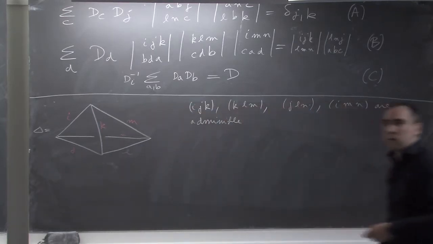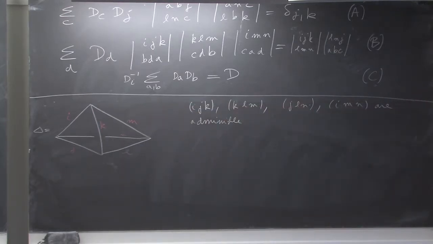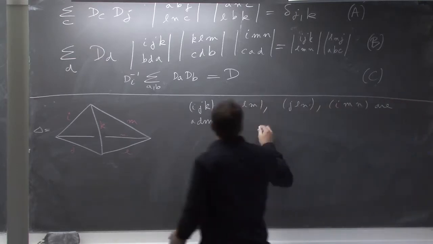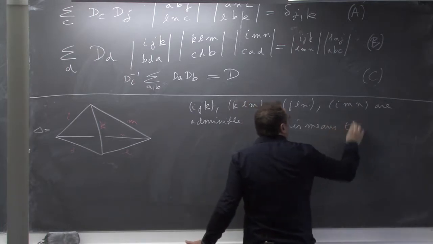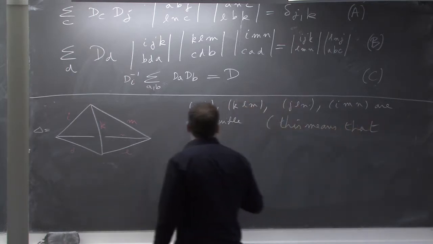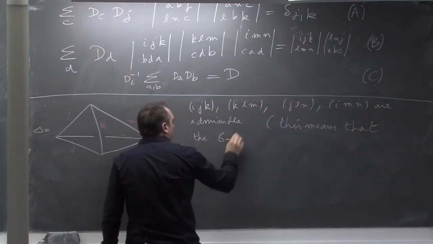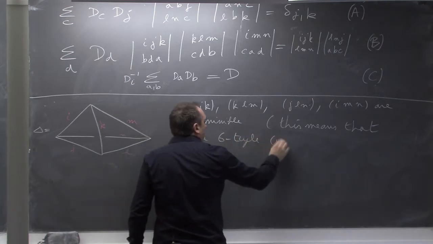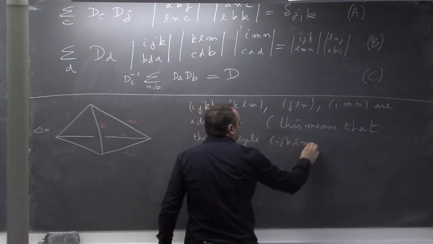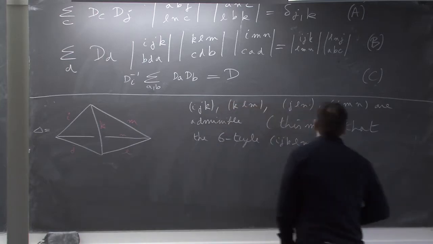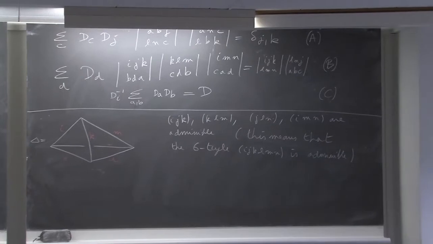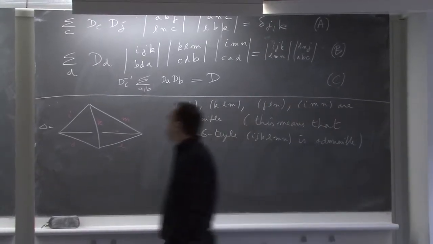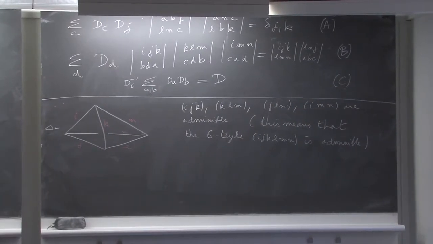So in other words, this means that, so for the definition, the six-tuple I, J, K, L, M, N is admissible. Admissibility for a six-tuple. Okay.